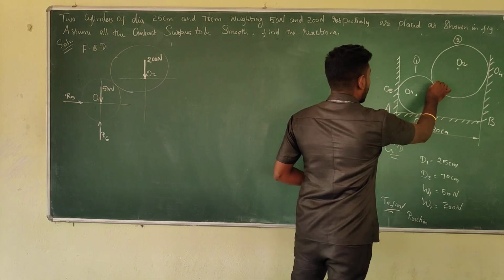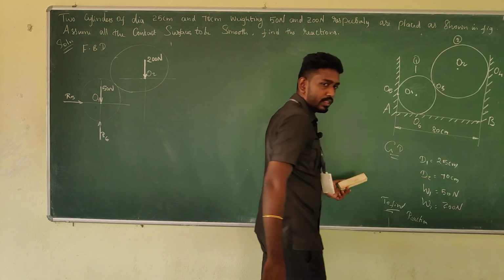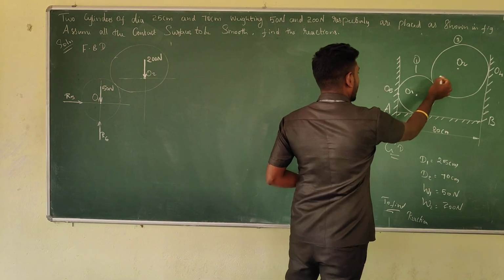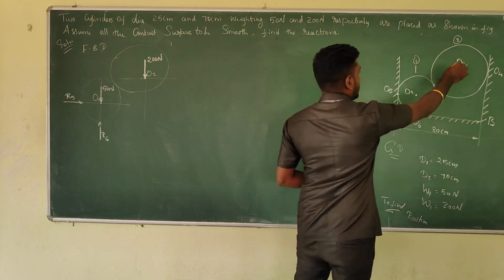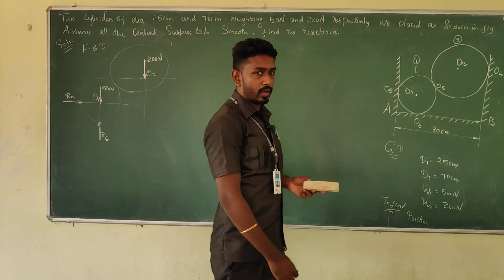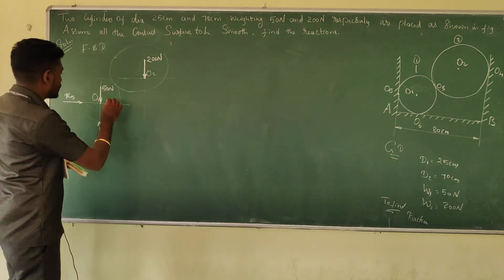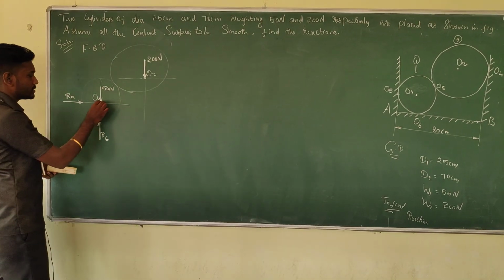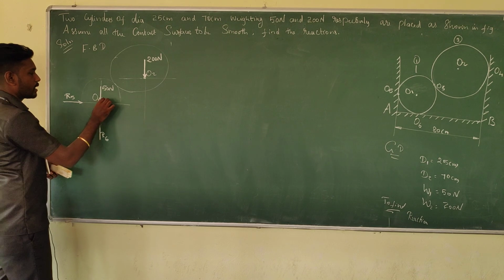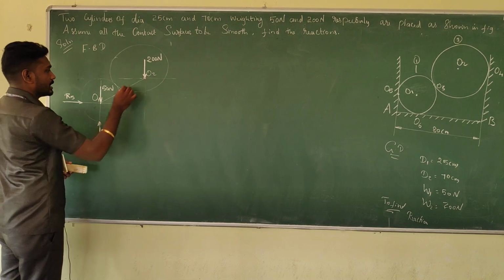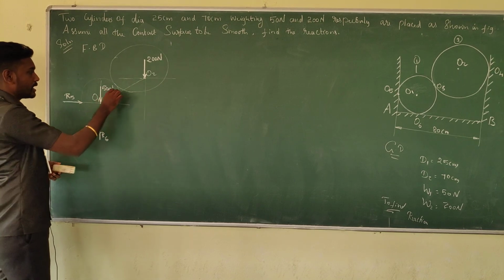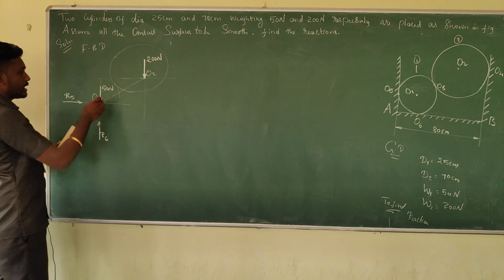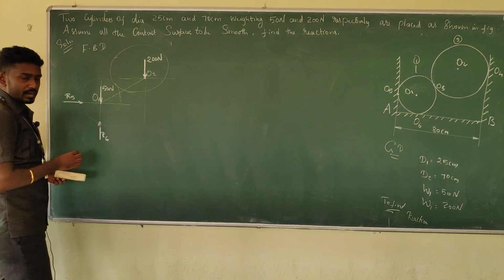Next, look at cylinder 1 and cylinder 2. Both the cylinders have contact at the point O3. Am I right? So when you are considering cylinder 1, there will be a reaction force from cylinder 2. In order to specify it, the line of action will be like this: if we connect center to center of the two cylinders, the line of action goes in such a manner.